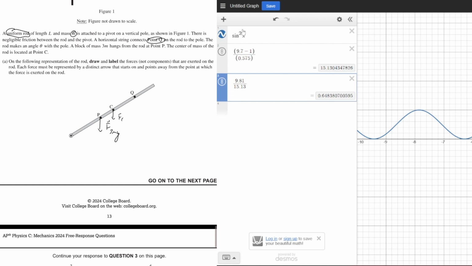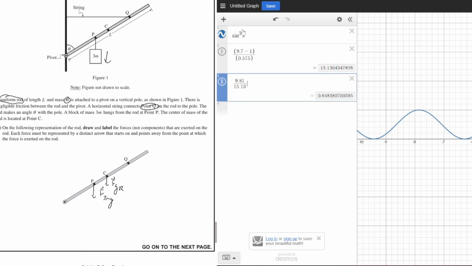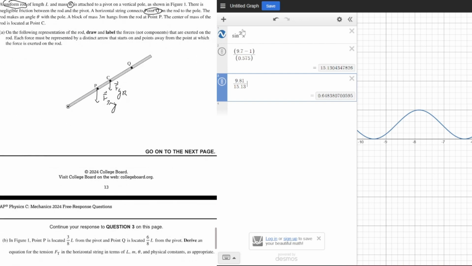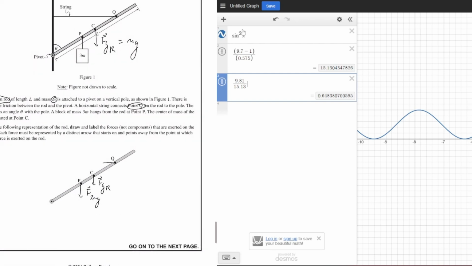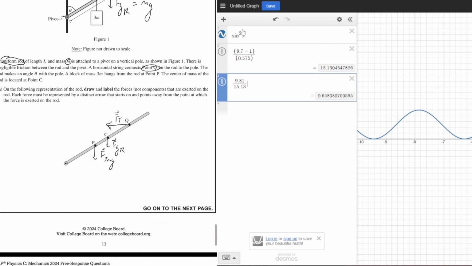So I'm going to say force of gravity on the rod, because this is pulling down with 3mg, right? And this is pulling down with the force of gravity of the rod, which is mg. And then at Q, there's a force of tension. That's this way, Ft.